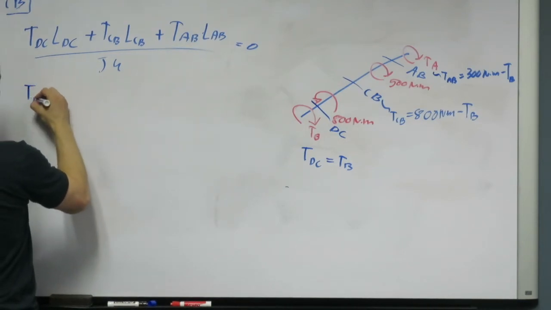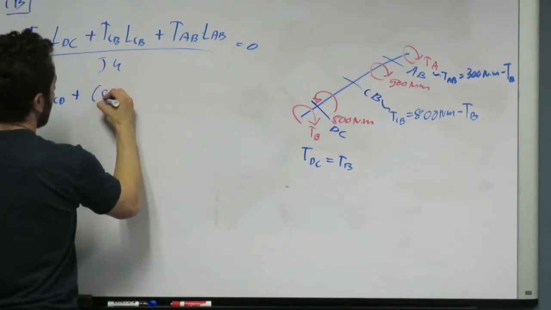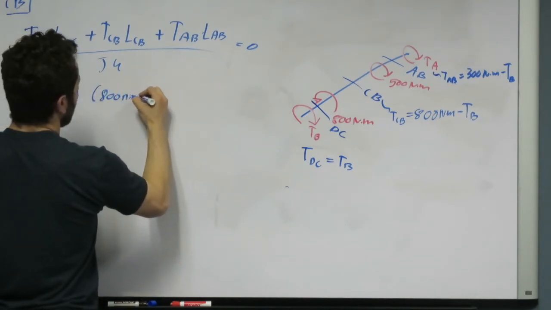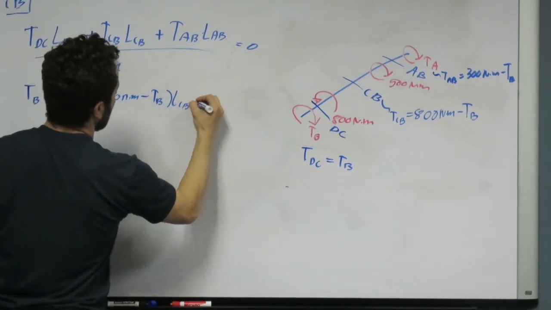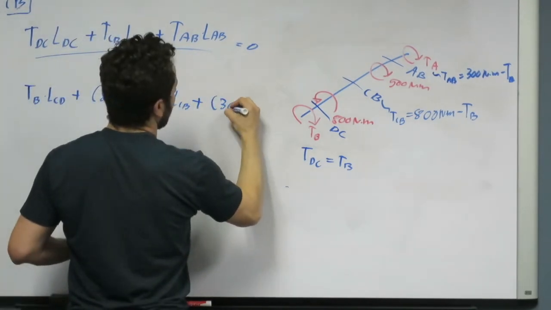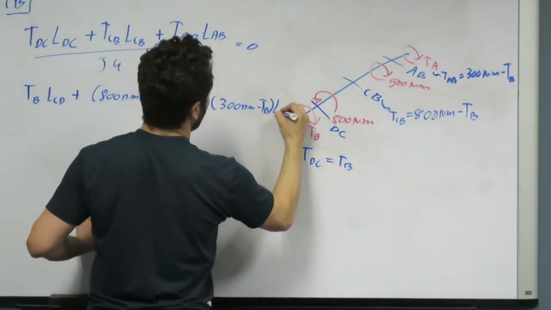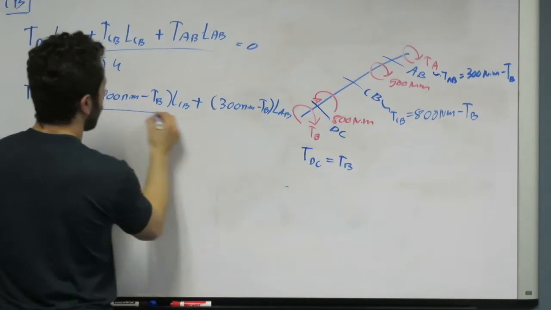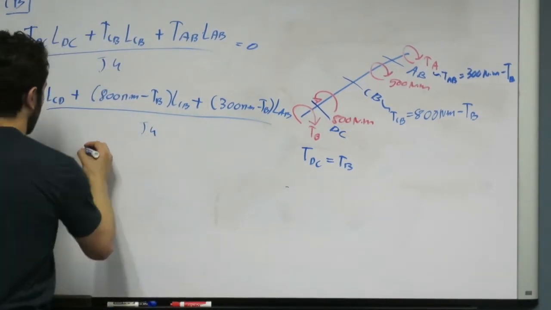So you get TB times LDC plus 800 newton meters minus TB times LCB plus 300 newton meters minus TB times LAB all over JG, and solve for TB.